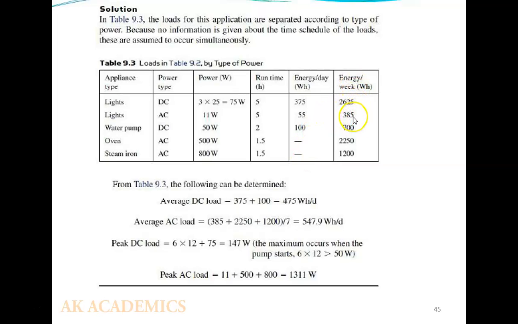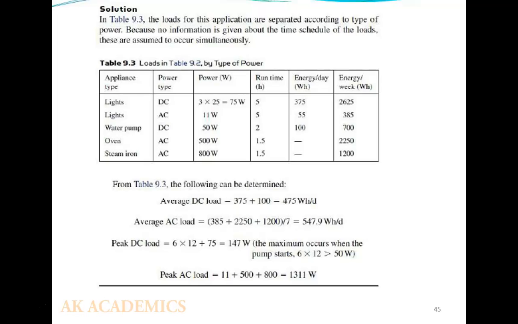So we have 385 watt hours weekly for the second light, the AC light, plus 2,250 for oven energy consumption, and then 1,200 for the steam iron energy consumption. If you add all of those together, that would give us total weekly consumption, which is 3,835 watt hours. That would be the average AC load on a weekly basis.